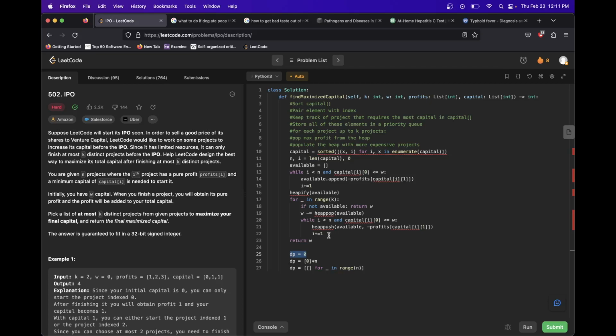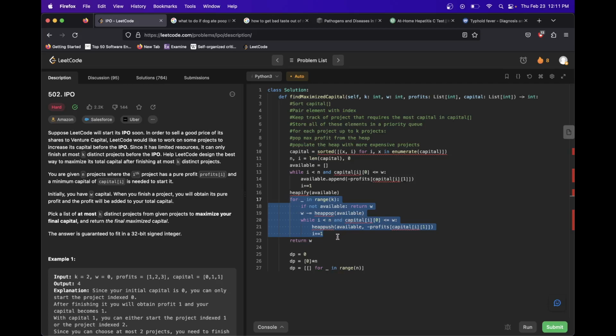And with greedy solutions and with a lot of things, it's worth thinking about what is the thing we're doing every time. Maybe another way to put that is, what's the loop invariant? Technically, a loop invariant means the condition that holds true at the beginning and the end of every loop.